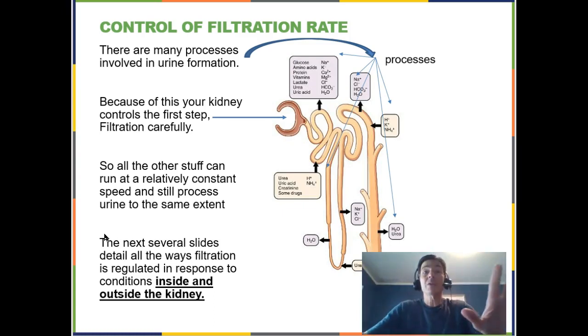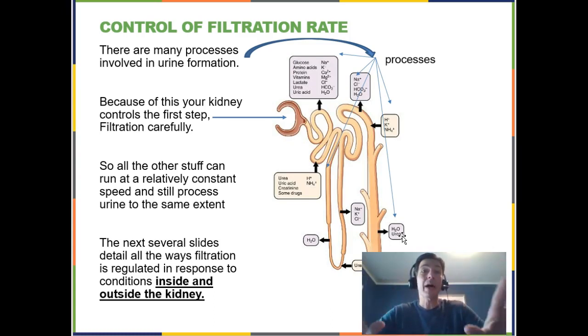So just looking at this right here, I want to give you a little bit of perspective. This is all of the stuff that needs to be either pumped out of or pumped into the tubules as filtrate is being formed. There are lots of different pumps and channels and processes, and it's really complicated.